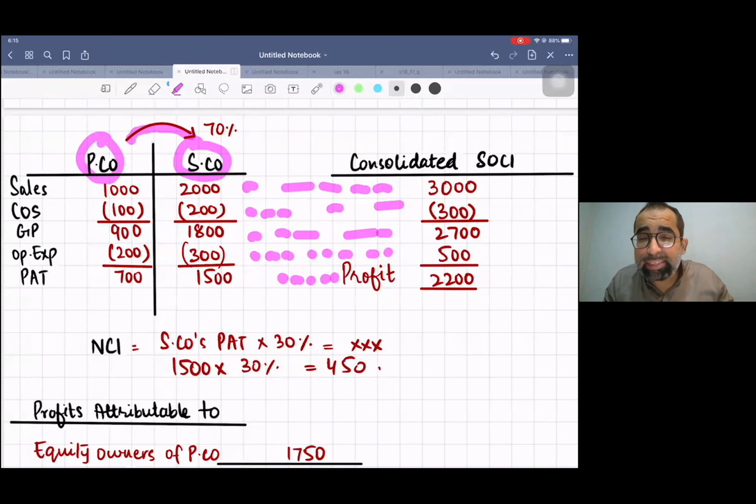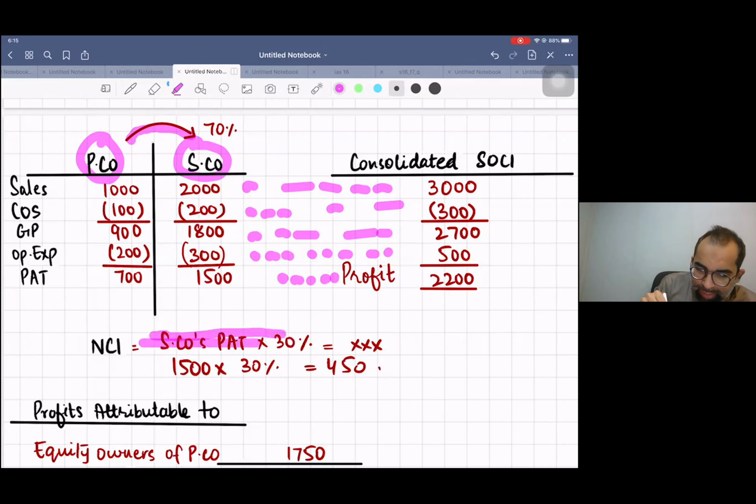And how do we calculate NCI for the income statement? This is the super hit formula: S company's profit after tax multiplied by the NCI holding percentage. S company's profit after tax is 1500 times 30%. This is 450.